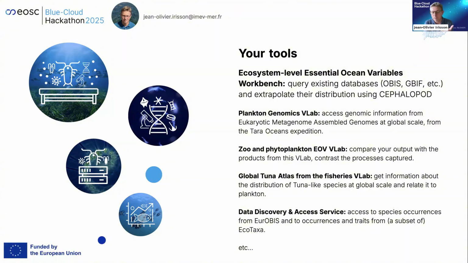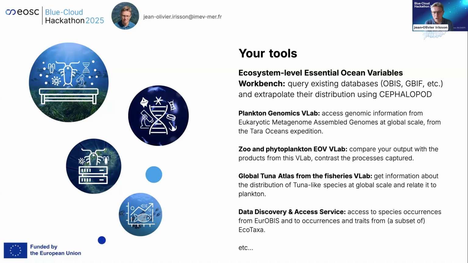There's also a VLab from a previous version of Blue Cloud that gives you access to genomic information in a finer way than Cephalopod does. Again from the previous version of Blue Cloud, there's the zoo and phytoplankton VLab that gives similar output, with which you can compare and contrast what you would get for zoo and phytoplankton.